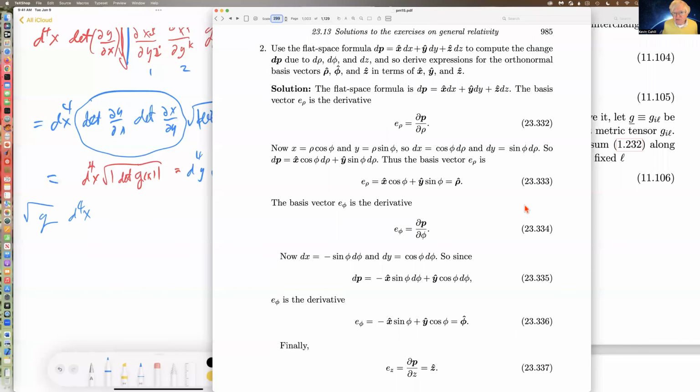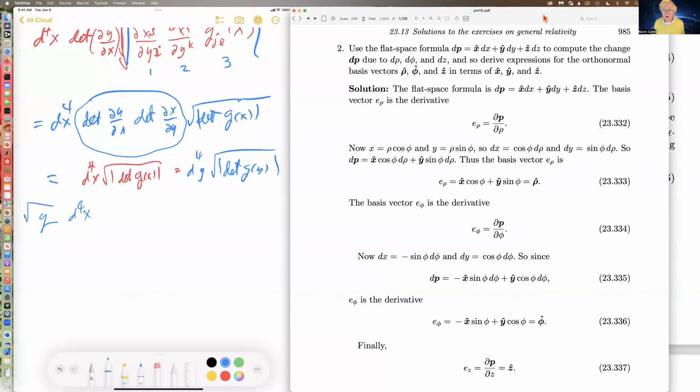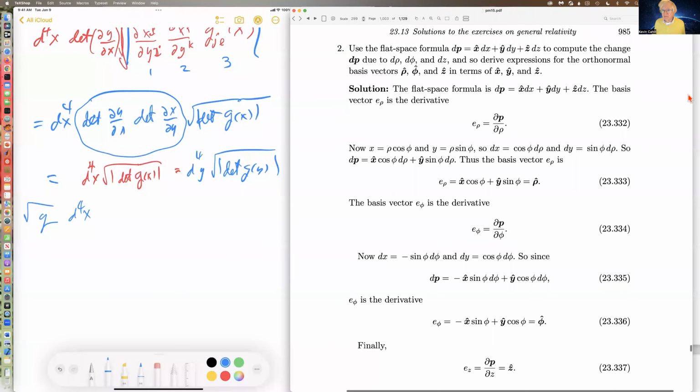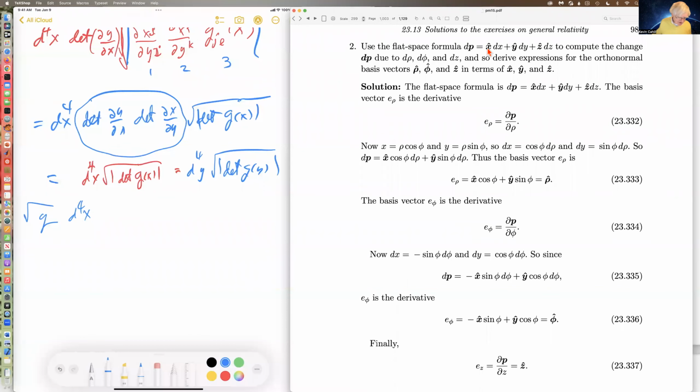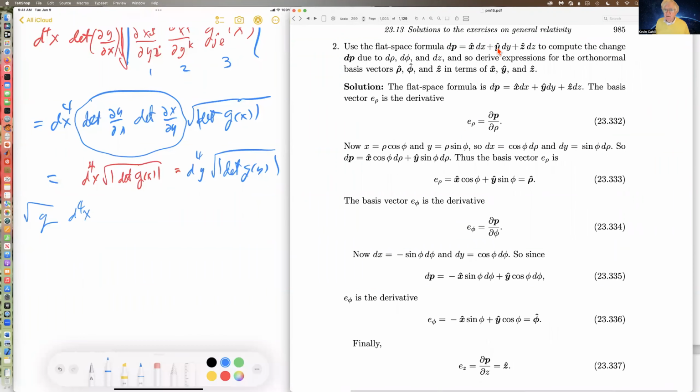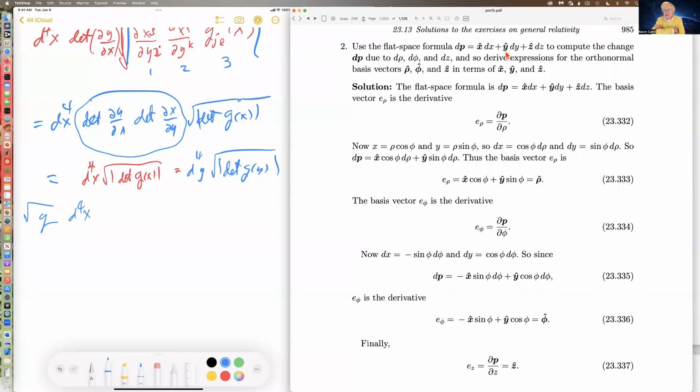So use the flat space formula dp is x hat, that's a unit vector in the x direction, dx plus y hat dy plus z hat dz. So this is just obviously flat space change in the point. To compute the change due to d rho, d phi, and dz, and derive expressions then for the orthonormal basis vectors rho hat, phi hat, z hat.